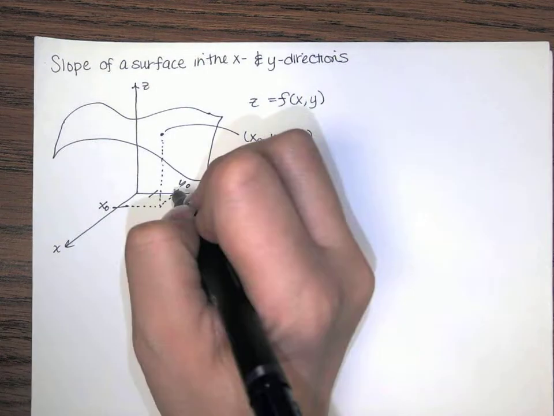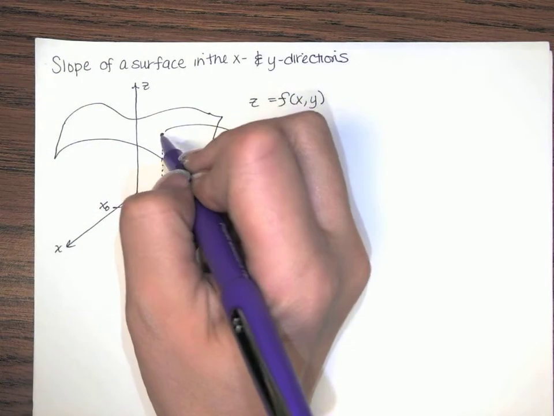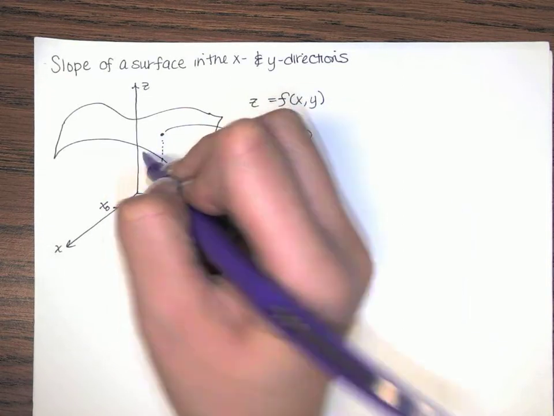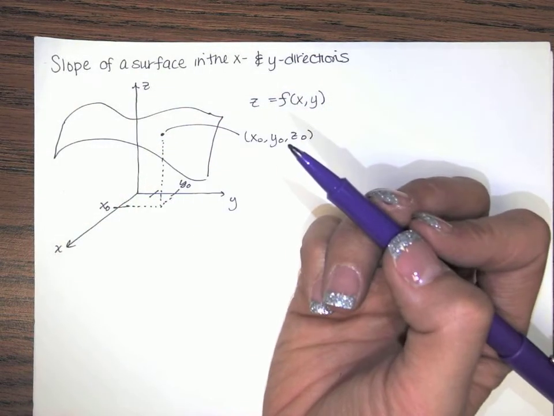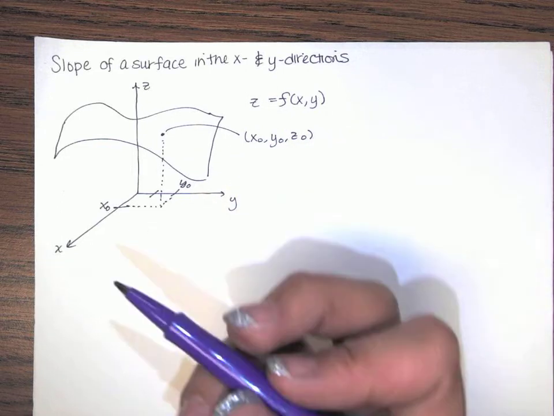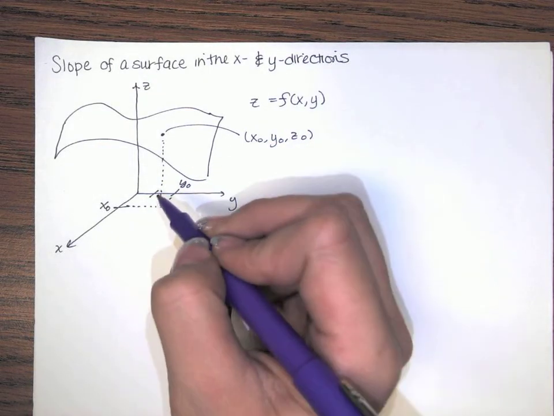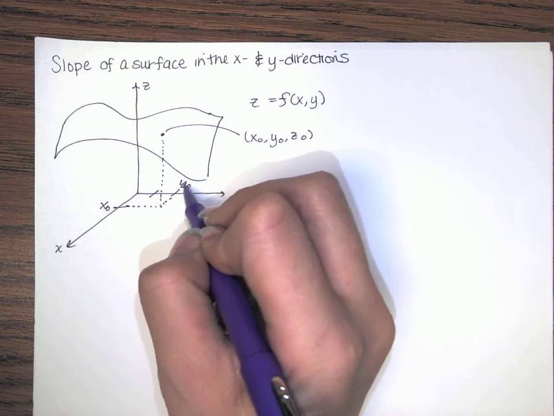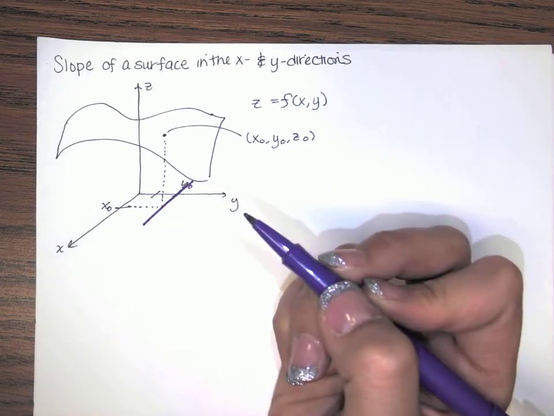Now, if I want the slope of the surface in the x direction, what I mean is, if I am at this point and I head entirely in the x direction, so I'm not heading in the y direction at all, what happens to the z values? To figure that out, I intersect the plane given by y equals y naught. So the plane that passes through that line right there.